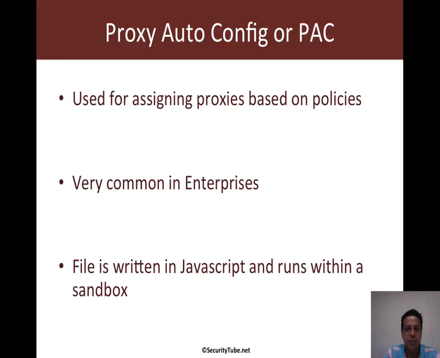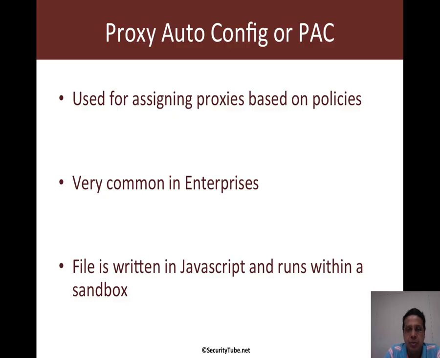Now, if you've never heard of the PAC before, it stands for Proxy Auto Config and is a very common way in enterprises to assign proxies based on various policies. So as an example, for internal hosts there could be no proxy, while for external ones there could be specific proxies.